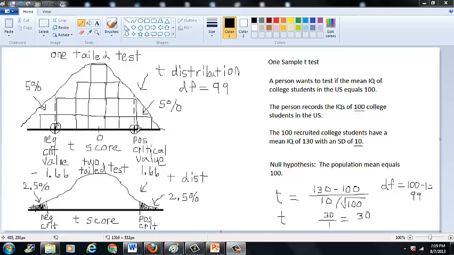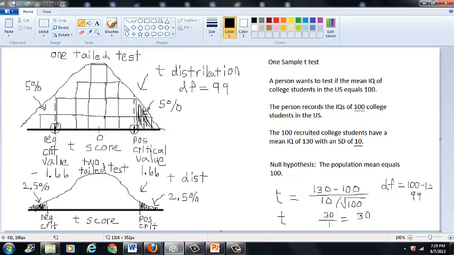If the person plans ahead of time to use the positive critical value with 5% to the right of it, the person's rejection region in that case is only this area above the critical value.